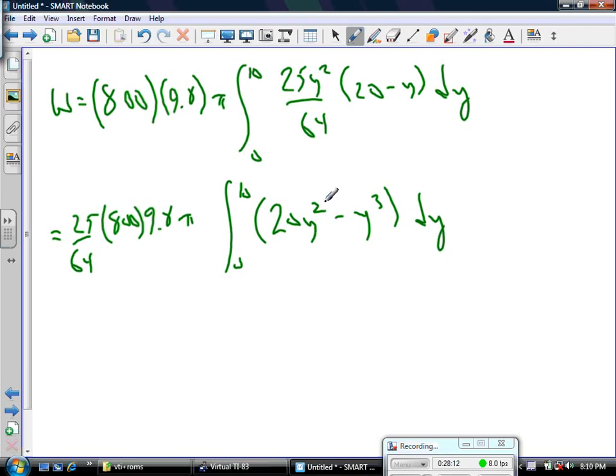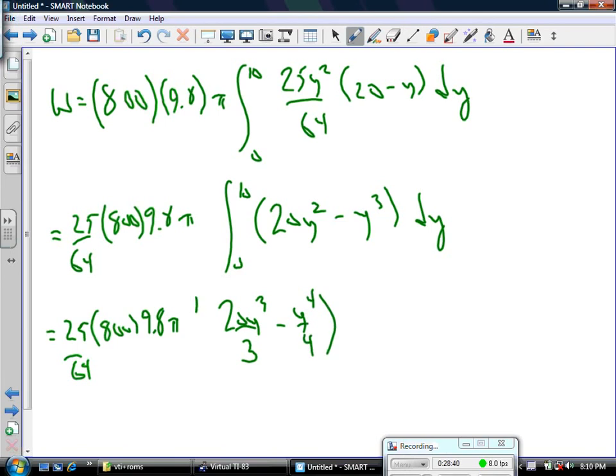What is it? 20y cubed over 3 minus y to the 4th over 4. 25/64 times 800, I guess I could reduce here, 8/64, right? 1/8, whatever. Times 9.8 pi. And the antiderivative is 20y cubed over 3 minus y to the 4th over 4, evaluated from 0 to 10.